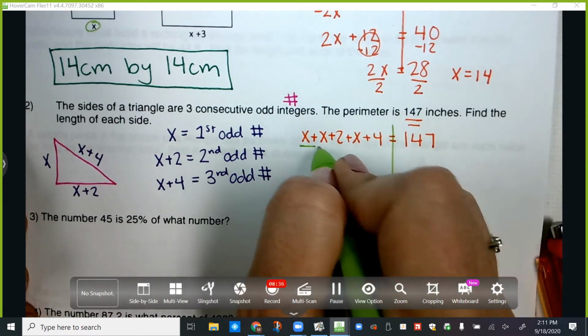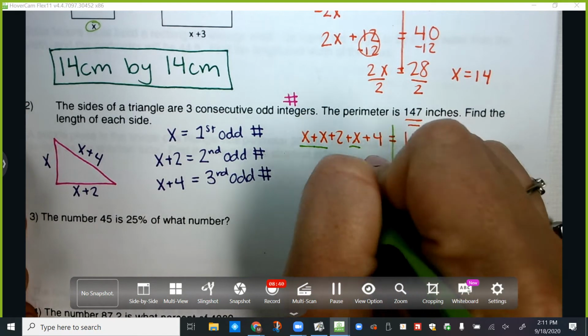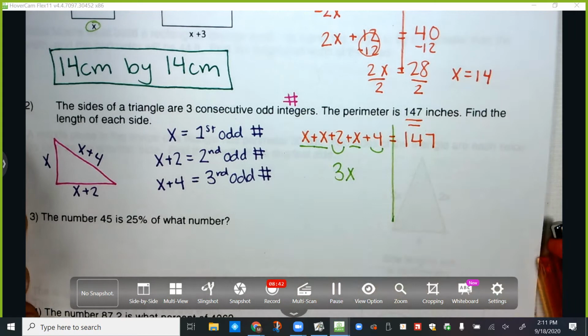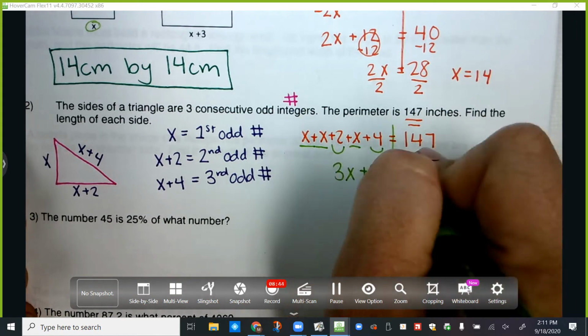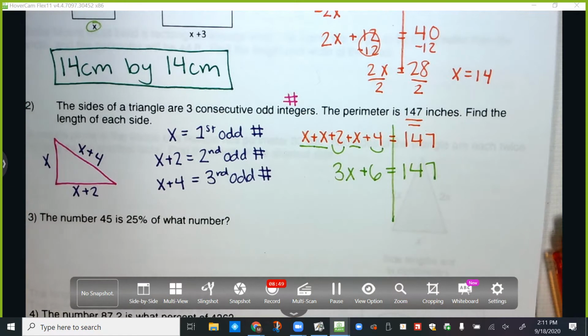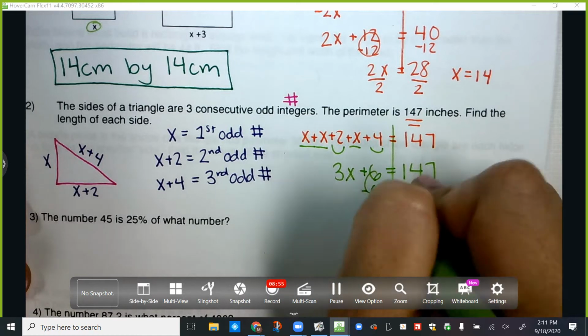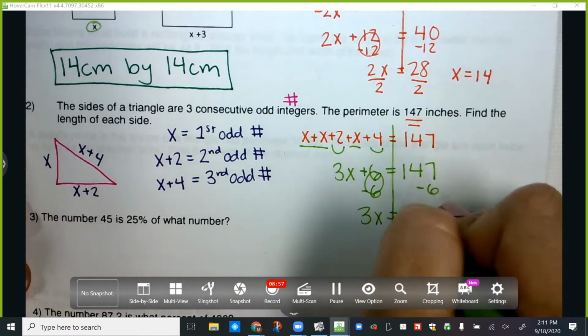How many X's? 3. And then what's 2 plus 4? 6. So now what do I do? Subtract 6 from both sides. And I get 3x equals 141.